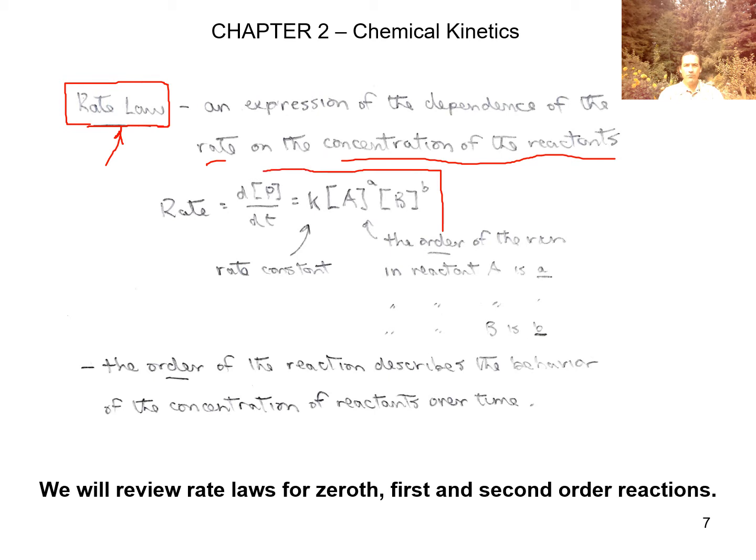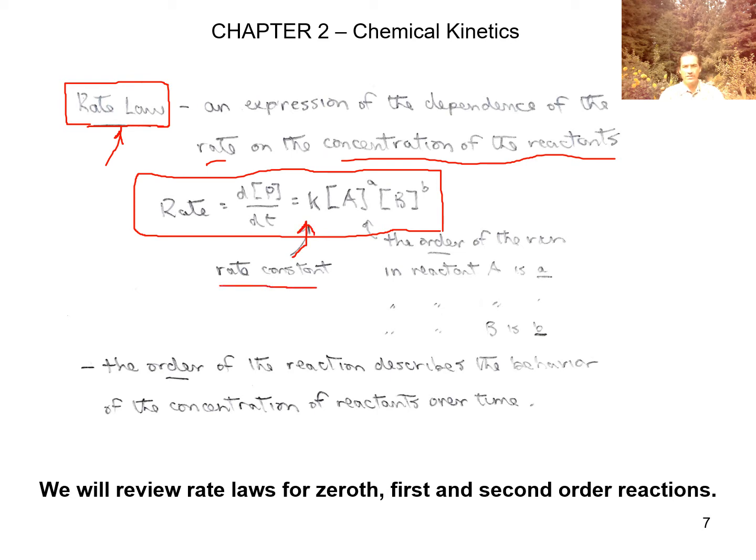And in order to write a rate law, you just need a few pieces of information about the reaction. And so here, this is a rate law, and I've written it as the change in the product over change in time, and it's equal to a rate constant. You always have a rate constant in your rate law.